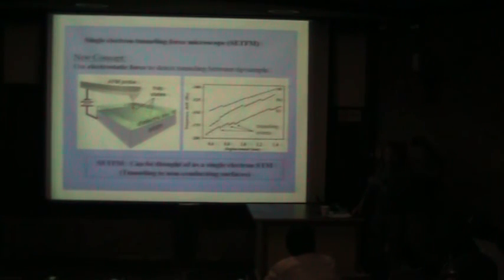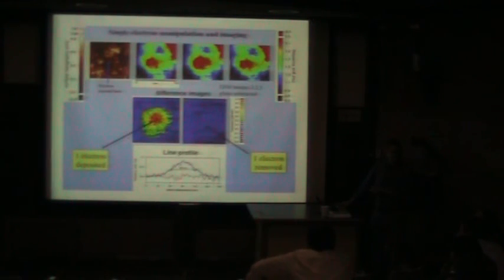If there's a state there, we actually see these little steps, which is just one electron tunneling into that state. And we can do this any time of day, as long as the system's working. I was going to say day or night, but that's really not true. Here's just two pictures. Here's an electron that we put on the surface intentionally, and then we've taken it off, and we see that the electron is gone. So this is a single electron kind of control.